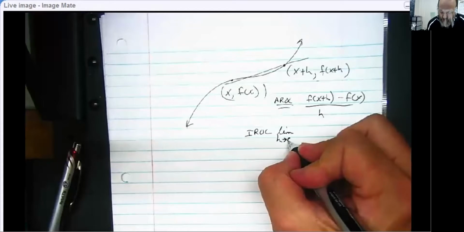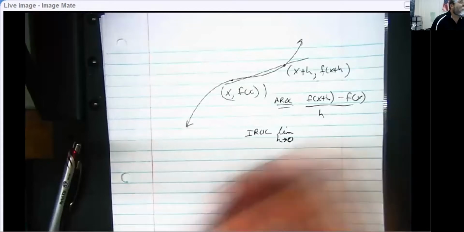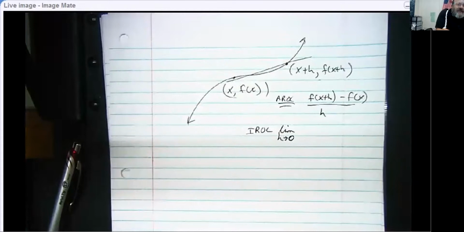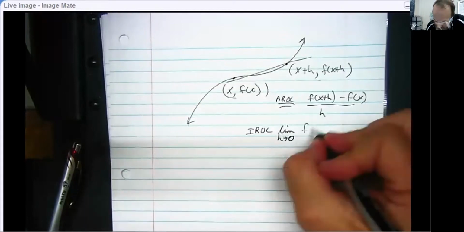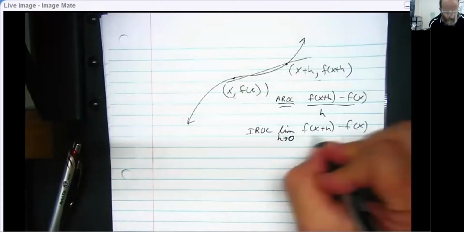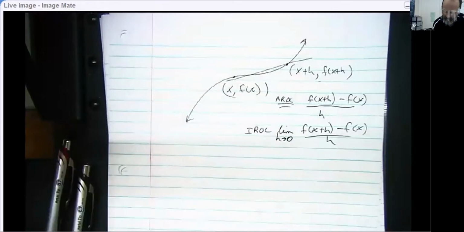Make h get super duper small. Because if h is how far you moved over, what if you never bothered to move over? It would be the slope between a point and itself, which would be instantaneous. So it's the same exact equation, but guys, this right here is the formal definition of a derivative.